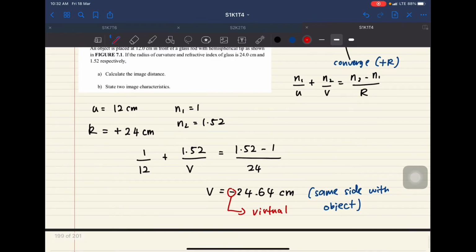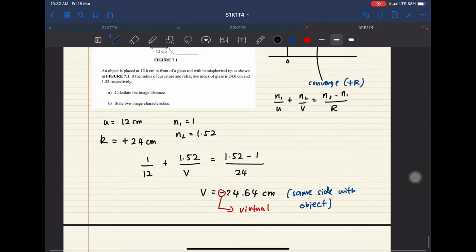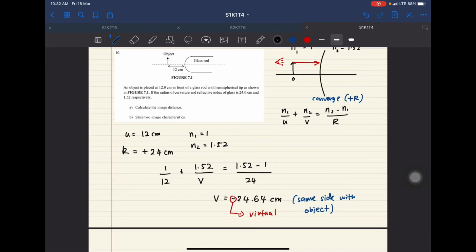And then the next question, they want to state the image characteristic. So obviously, if you want to draw the ray diagram to determine, you can, and you can assume that this one is similar to the convex lens, and you can draw exactly ray diagram that looks like a convex lens.